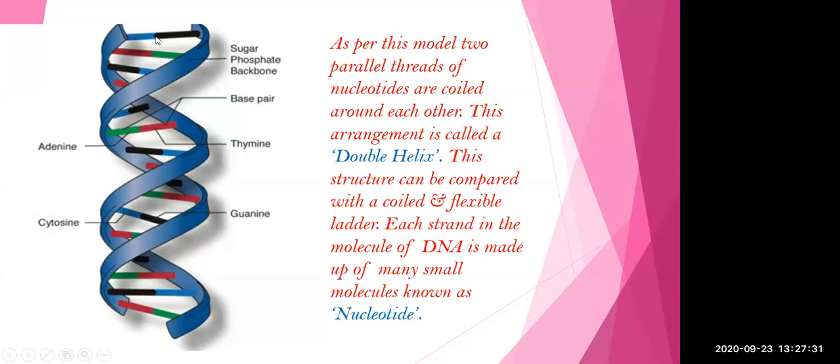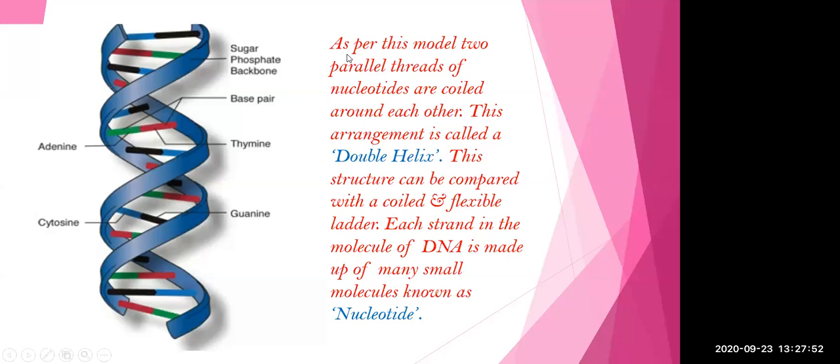So two nitrogenous bases combine to form a nucleotide. Two parallel strands made up of sugar and phosphate are called the sugar phosphate backbone. This is one, and this is another, and they are coiled. You can see it is a ladder shape, but it is a coiled ladder, right?